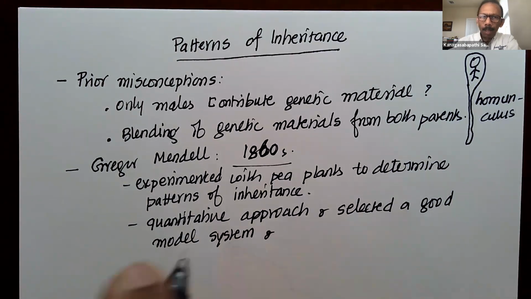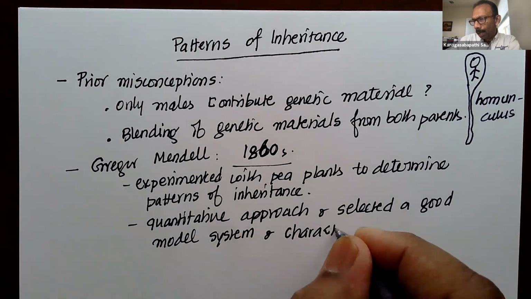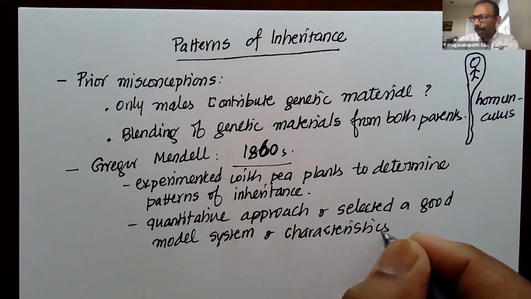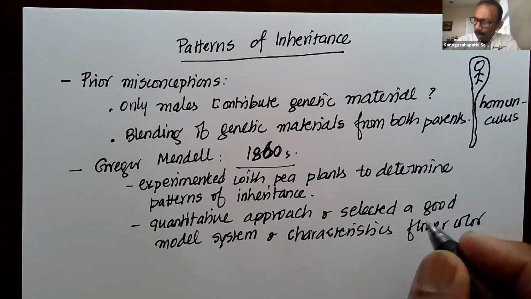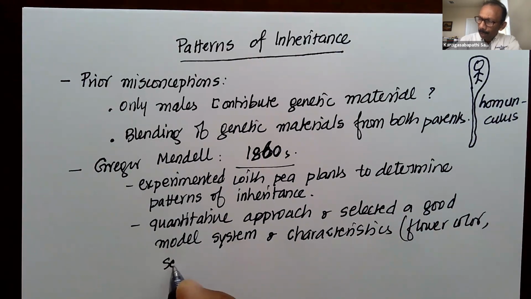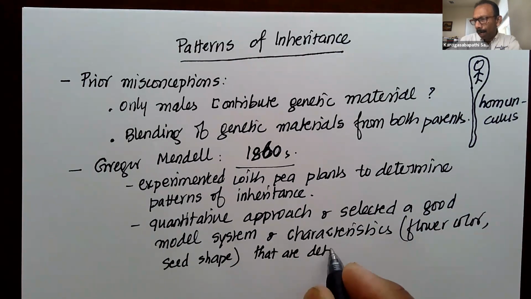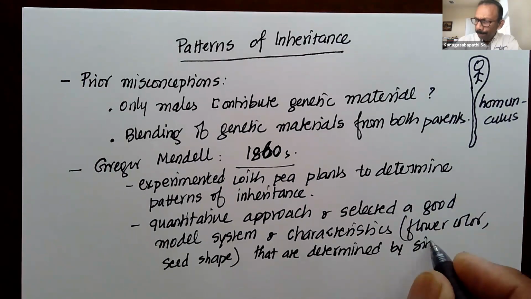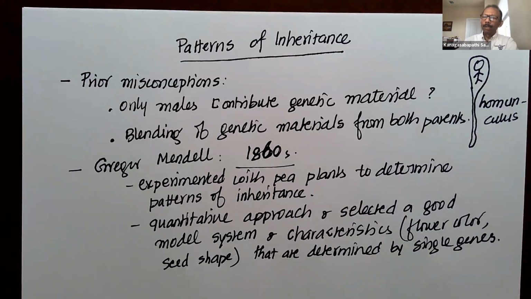Also, he selected characteristics like flower color or seed shape, characteristics that are determined by single genes. So these are some of the secret recipe for Mendel's success.